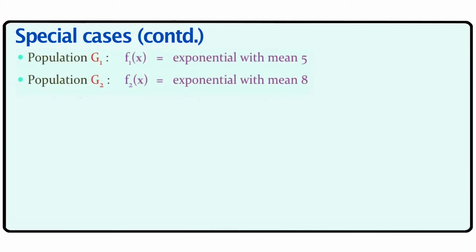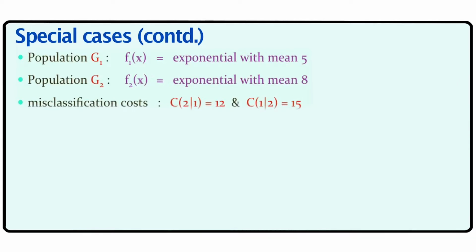Now let's look at a very simple example. Suppose we have a population G1 which is characterized by the density function f1(x), an exponential distribution with mean 5. Similarly, we have a second population G2 characterized by an exponential distribution with mean 8.